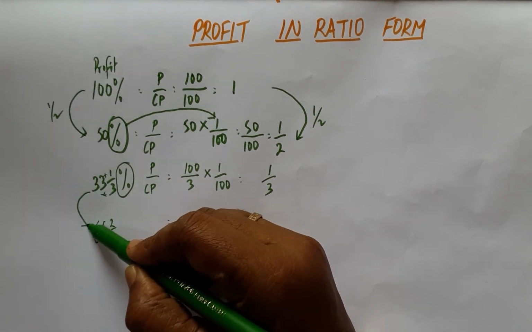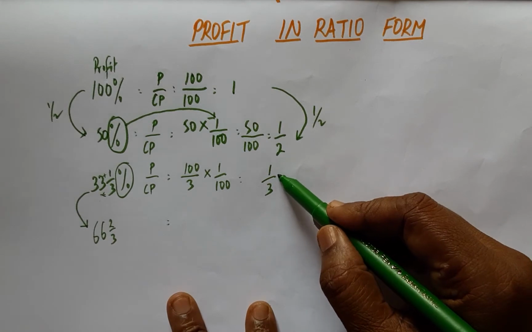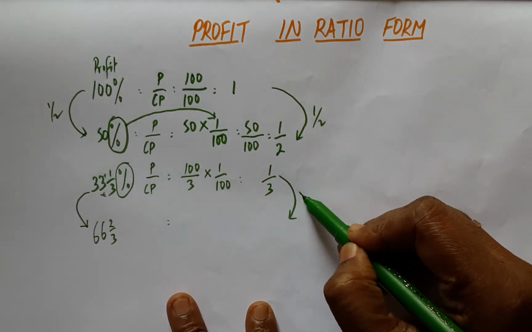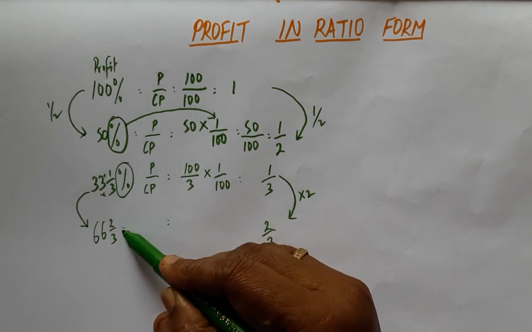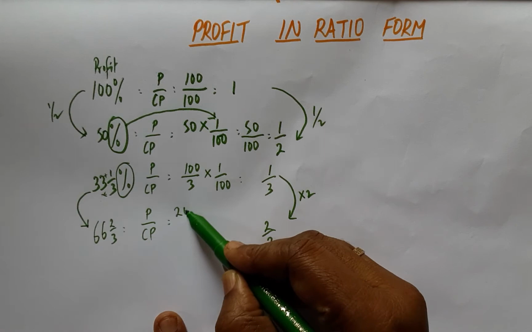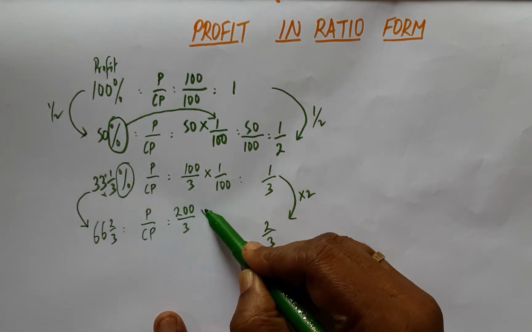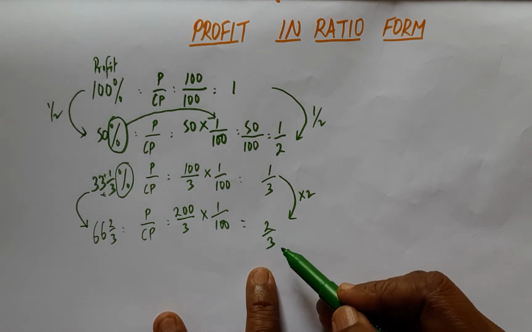If I double this, I will get this value, and similarly this value will also be doubled. I have a fraction of 2 by 3 because conversion of this will give me 200 by 3 into 1 by 100, and the fraction will come to 2 by 3.